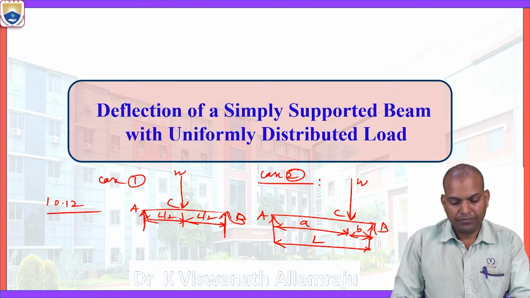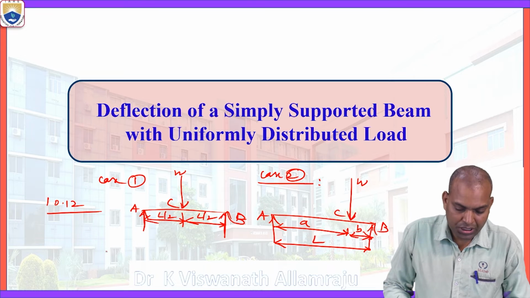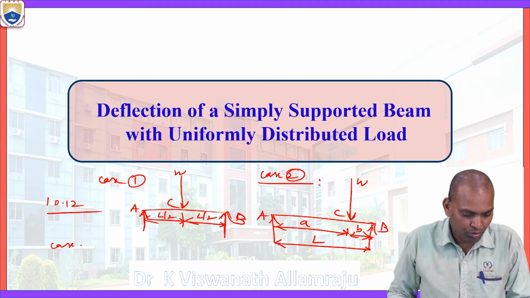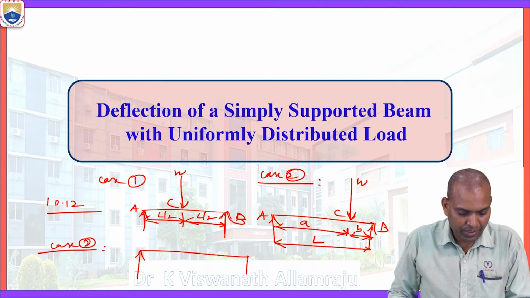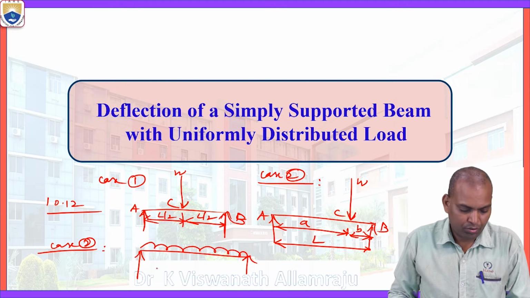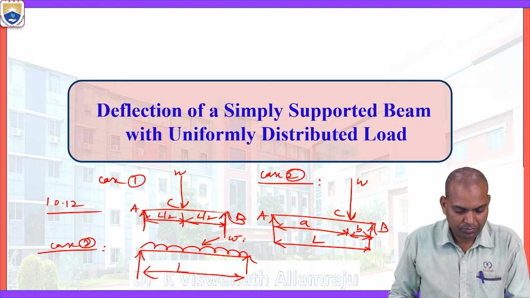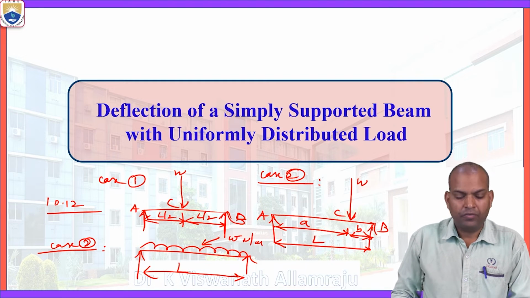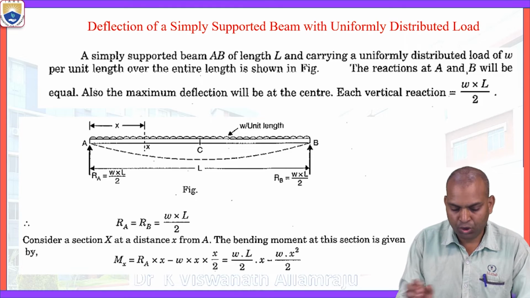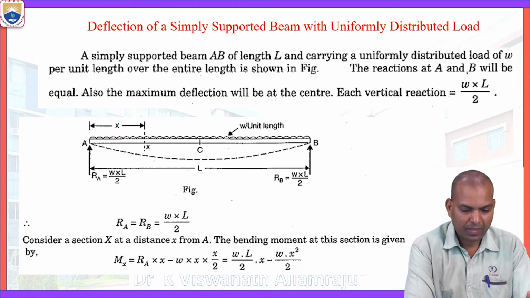Now case 3, the deflection of a simply supported beam with uniformly distributed load. What is the meaning here? The simply supported beam with the uniformly distributed load. This case we are going to study: what is the slope and what is the deflection.